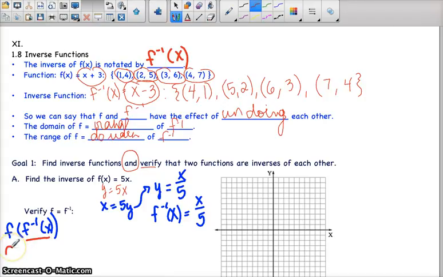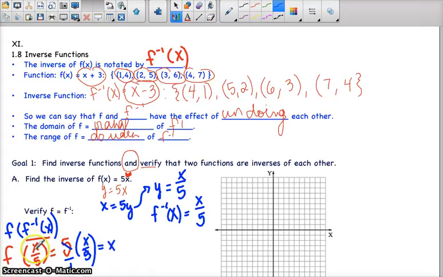So we'll find f of x divided by 5. If x divided by 5 is our input, then we replace x in f of x with our input. When you simplify this, the 5's cancel, and that equals x.